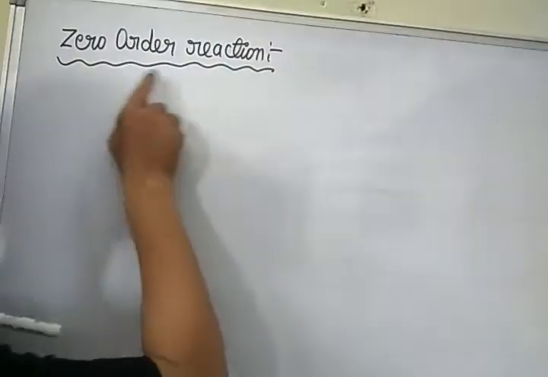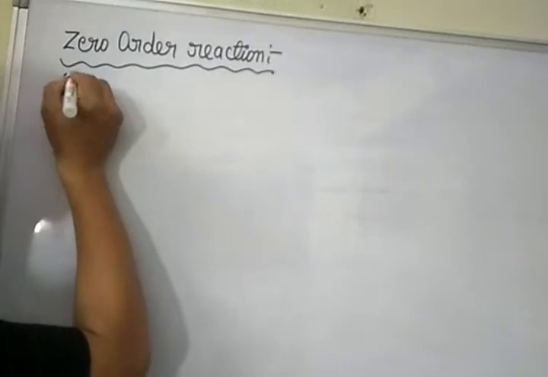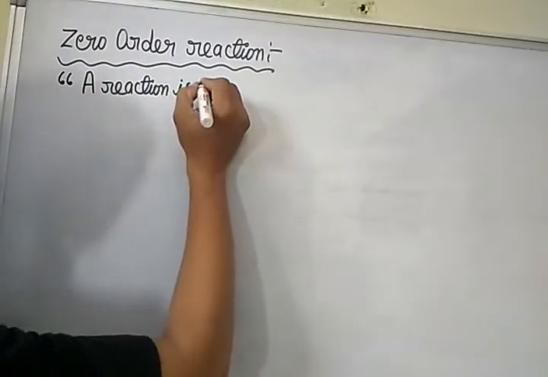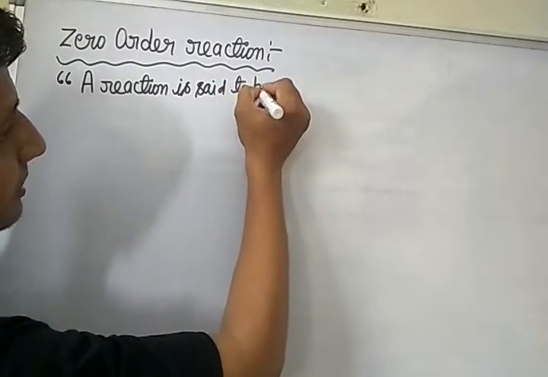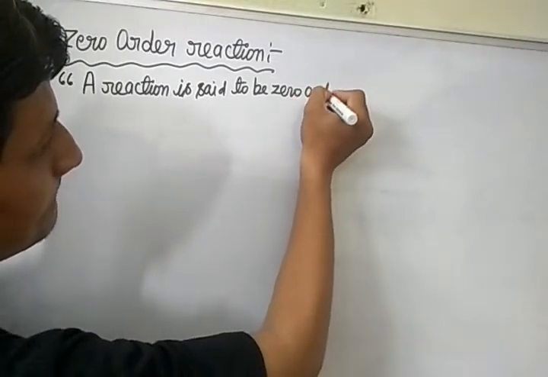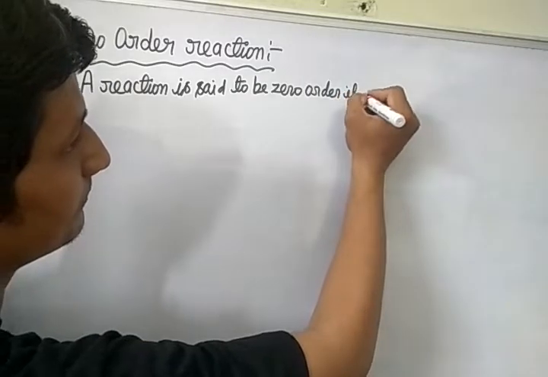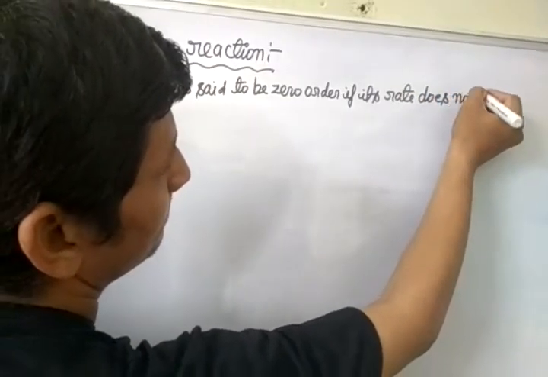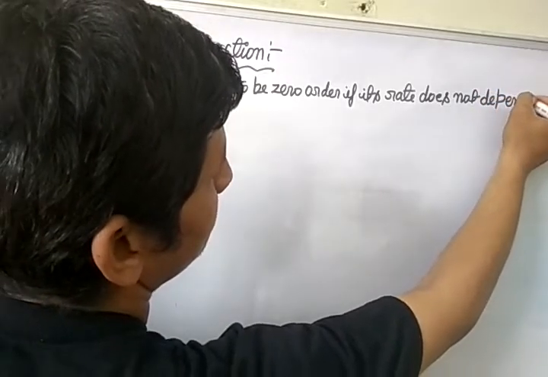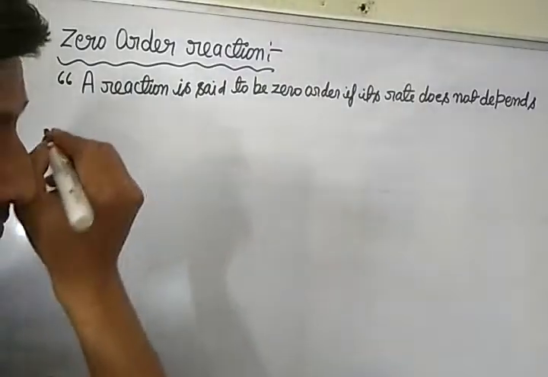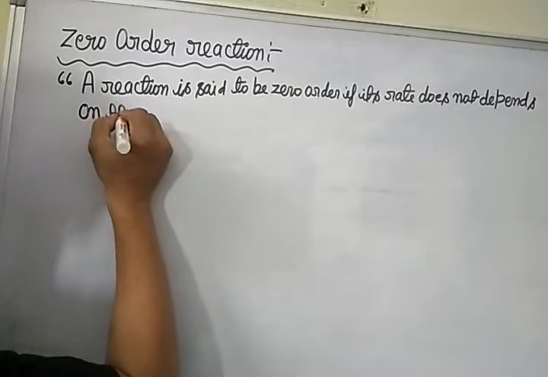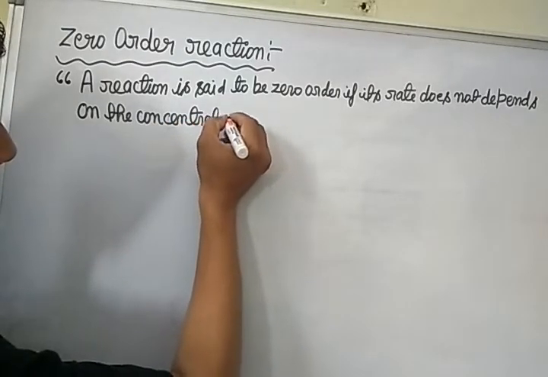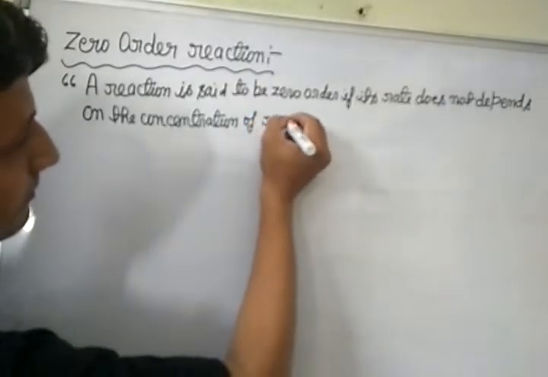Okay, so look here, zero order reaction. A reaction is said to be zero order if its rate does not depend on the concentration of reactants.